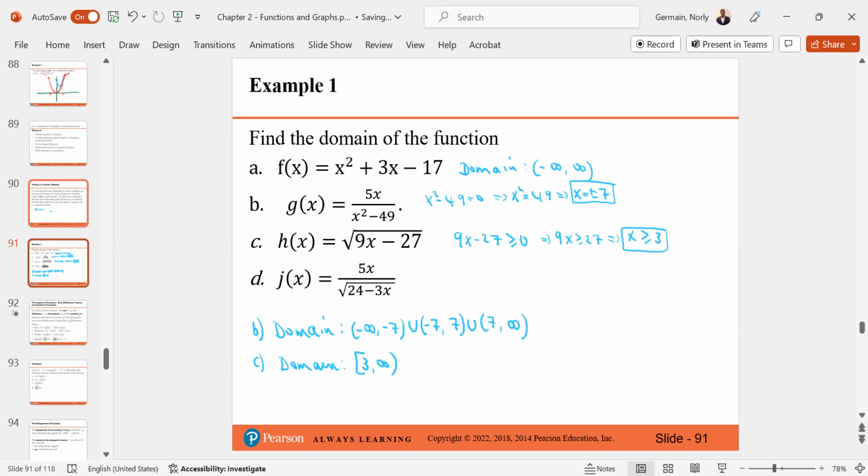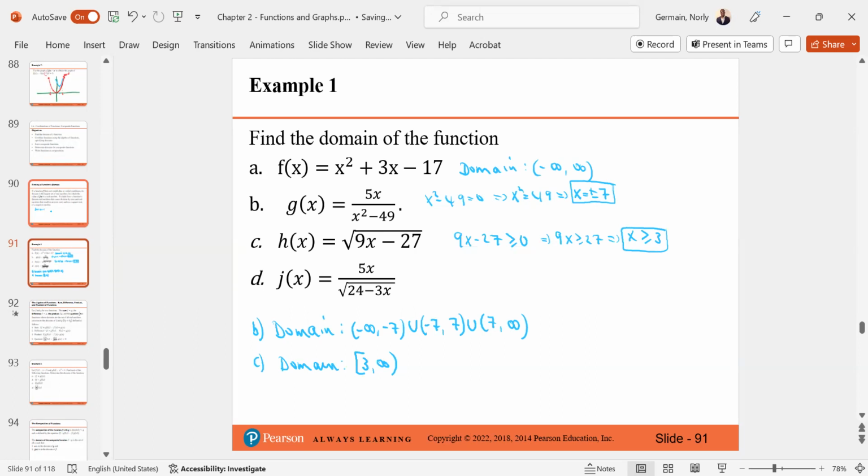Now, looking at J as in Jack, J of x, we said that for this one, the function 5x over square root of 24 minus 3x contains both an even root and division. And you know in the denominator, you cannot have 0.